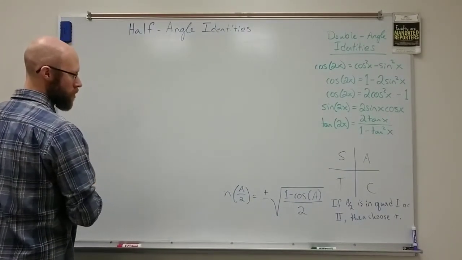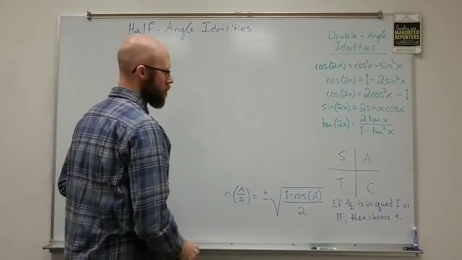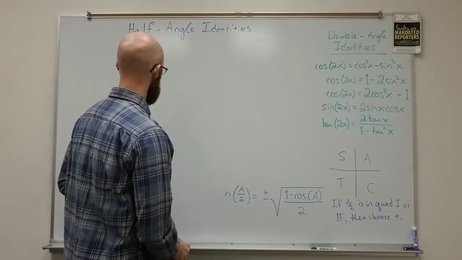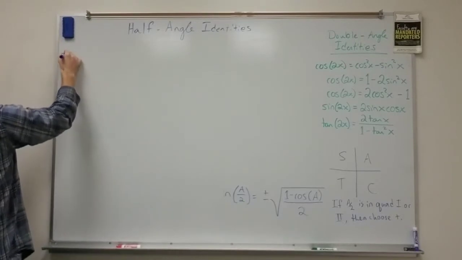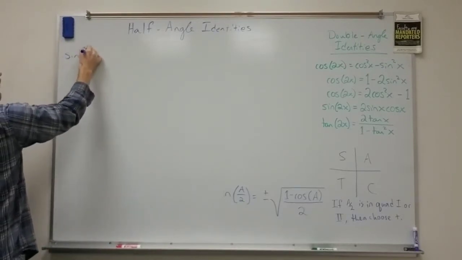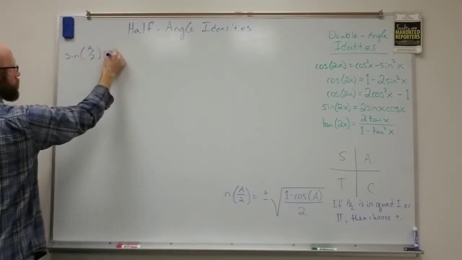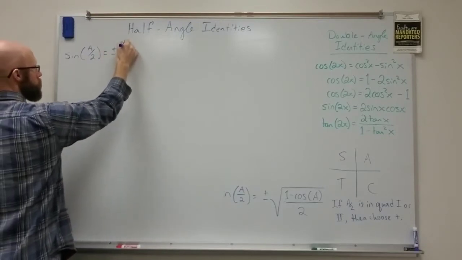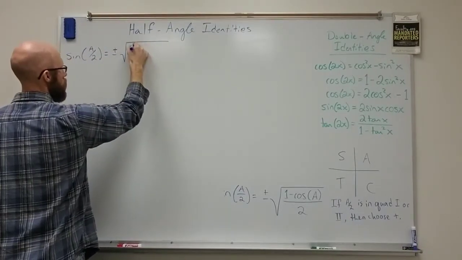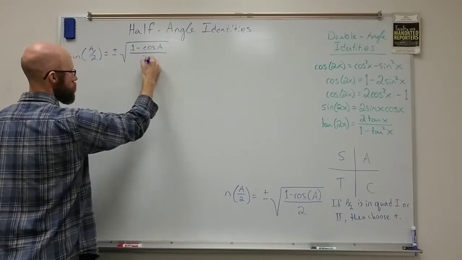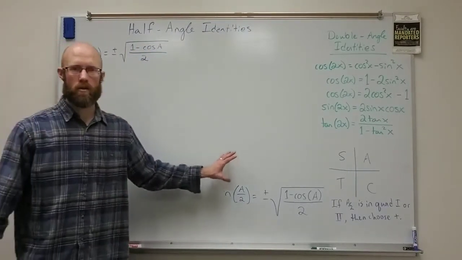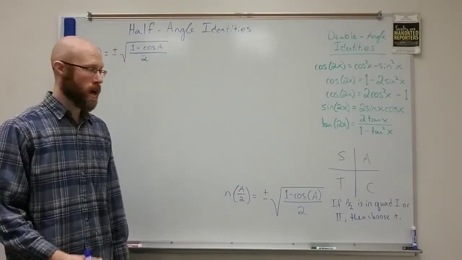Let's structure it this way. Let's put it over on the side here. So we have this one now. The sine of a over 2 is plus or minus the square root of 1 minus cosine of a all over 2. And again, we know now how to choose the sign of the sine.